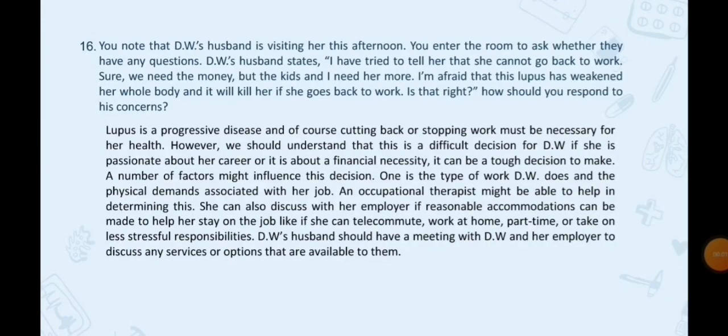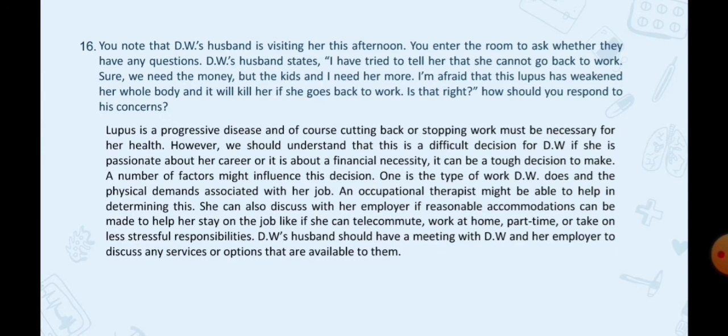16. How should you respond to DW's husband's concerns? As lupus is a progressive disease, cutting back or stopping work may be necessary for her health. However, we should understand this is a difficult decision for DW, whether she is passionate about her career or it is about financial necessity. A number of factors might influence these decisions.